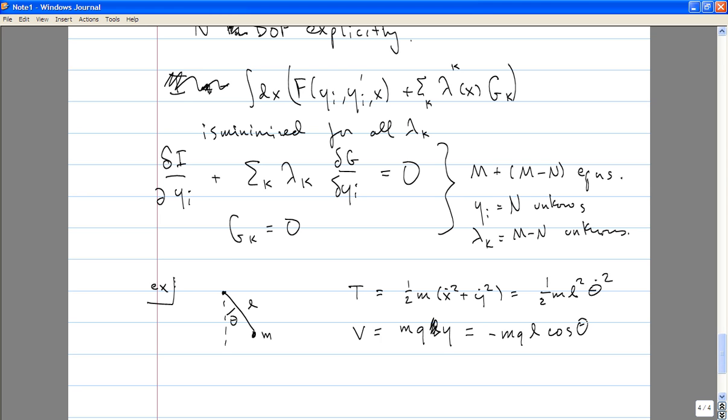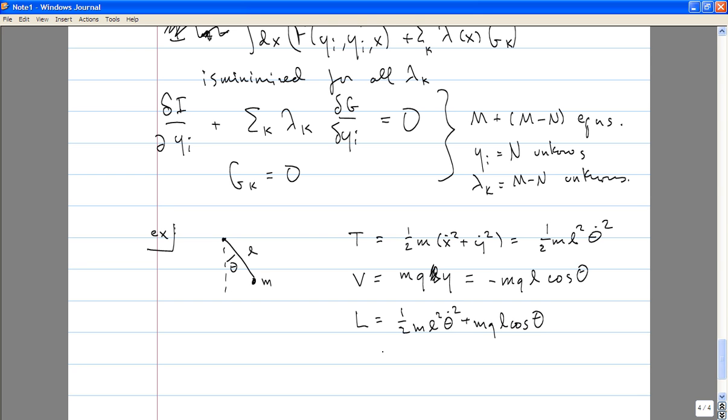And then the Lagrangian was 1/2 m l squared theta dot squared plus m g l cosine theta. And so the equation of motion is, well, first we have d by dt of the derivative of the Lagrangian with respect to theta dot, which is m l squared theta double dot.